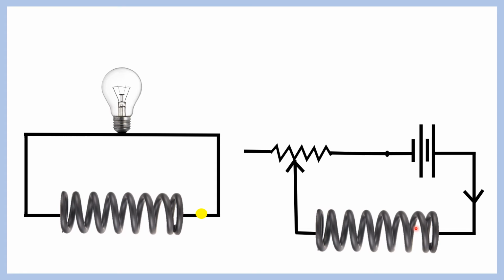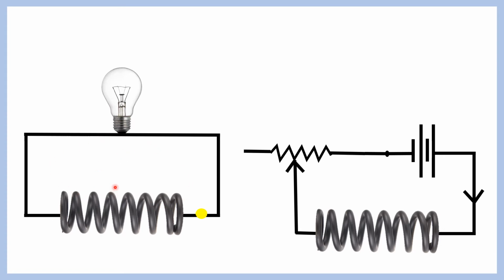When you are moving this coil with a completed circuit towards another coil, which is simply connected to a galvanometer or a bulb, you can see that the bulb will be glowing, or the galvanometer will show a deflection as this coil is moved closer. This means that the magnetic field associated with this coil is getting linked with the secondary coil, which is producing an EMF in the secondary coil.